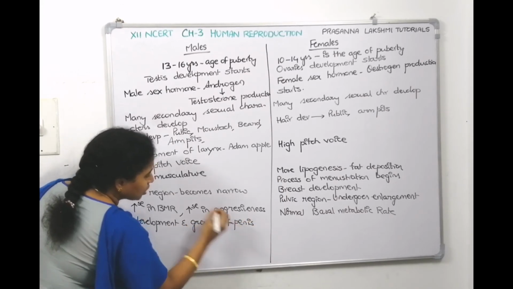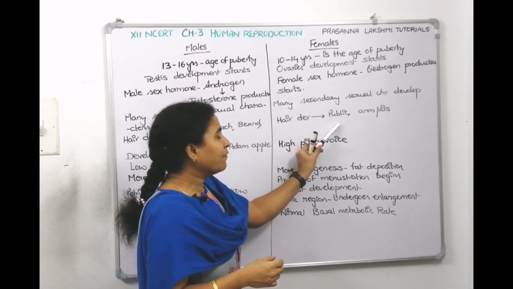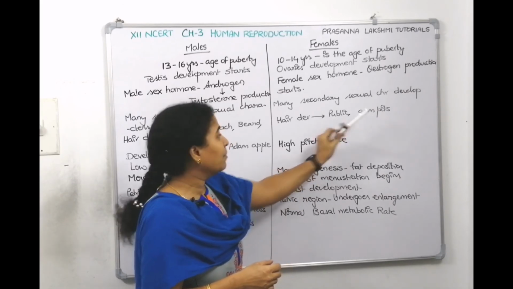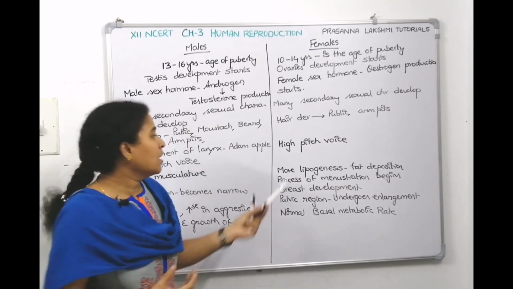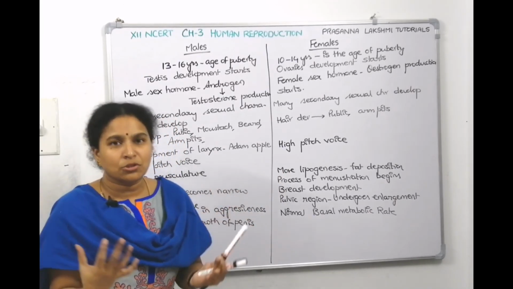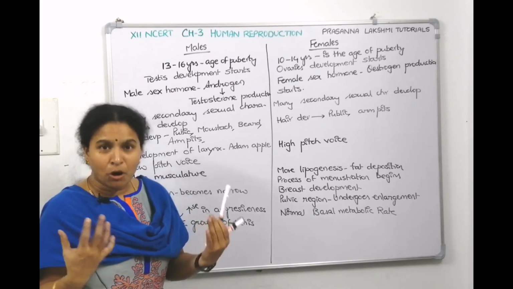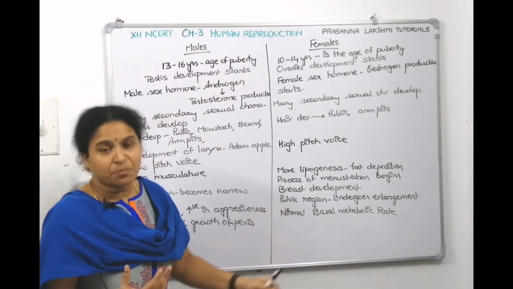So all these are the changes which we can notice in boys, whereas in girls, pubic hair will be developed and axillary hair, underarm hair, will be developed. Since that thickening will not be there, voice will be high pitch voice. In girls, because the embryo should be protected from the environment, a shock-proof environment, for that lipogenesis will happen. And the process of menstruation begins every month.